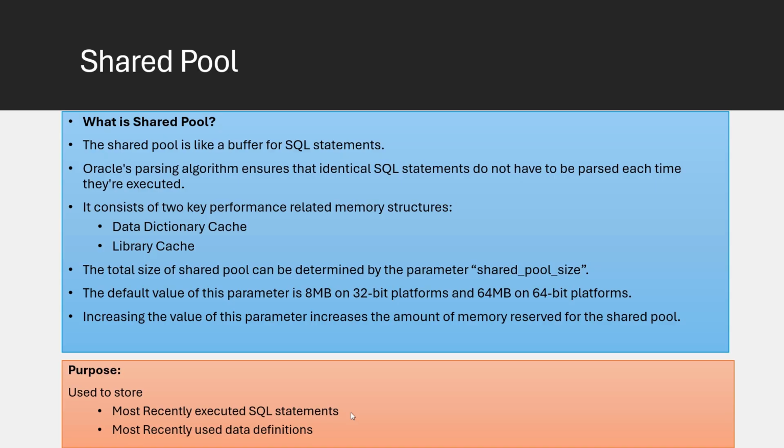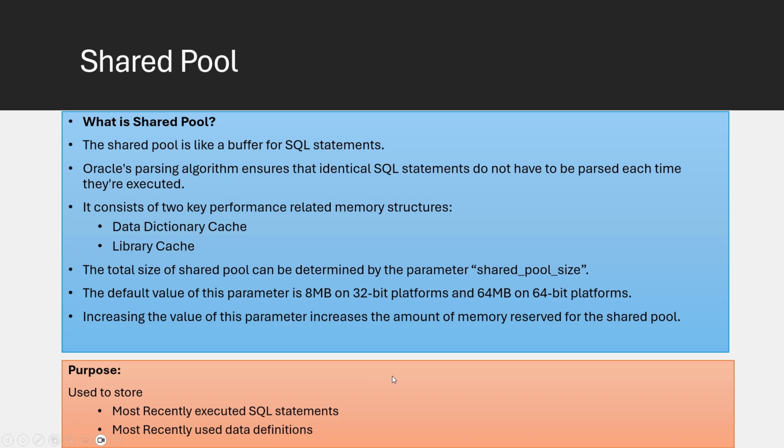There is an engine called the optimizer in the database server. The optimizer decides the execution plan, how many resources it can utilize to complete the execution of your SQL statement.